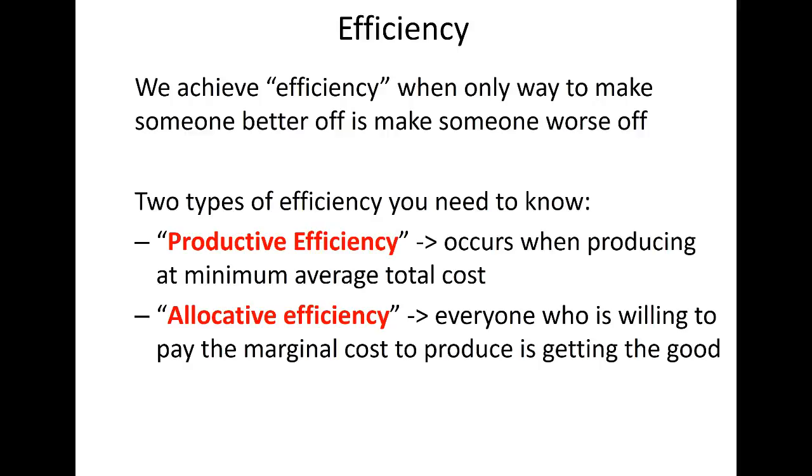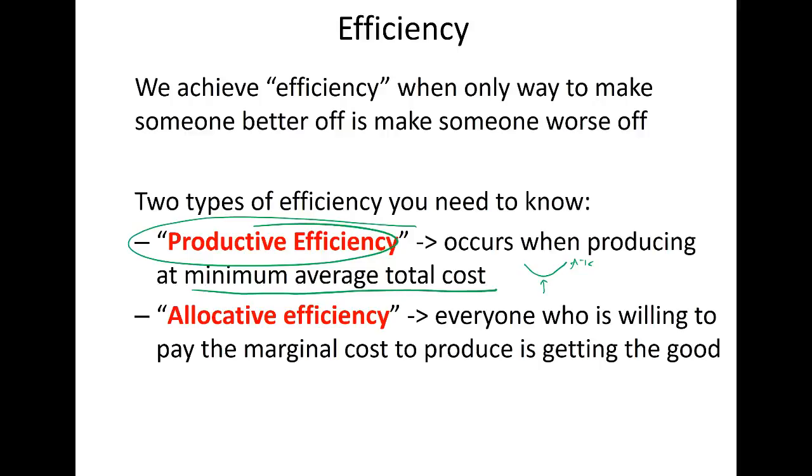The first one is what we'll call productive efficiency, and that's right here. You're producing at the productively efficient point if you're at the min ATC, so you're at that low point on the ATC curve. If that's happening, we could say we're being efficient in production.